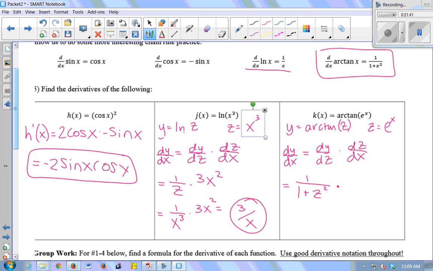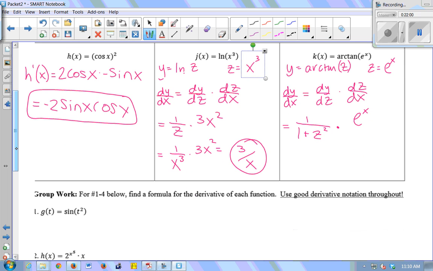Then times dz dx. So I look at my z function, z equals e to the x. What's its derivative? e to the x. Now all I have to do is make the substitution, replace z with what it equals, e to the x. So I end up with e to the x over 1 plus e to the x squared, which is e to the x over 1 plus e to the 2x.